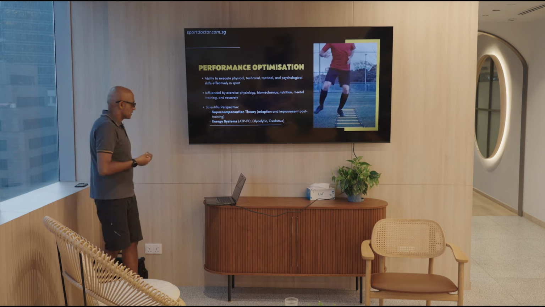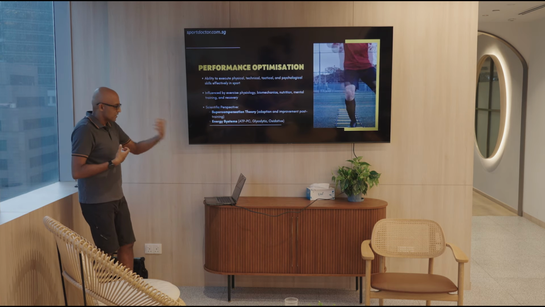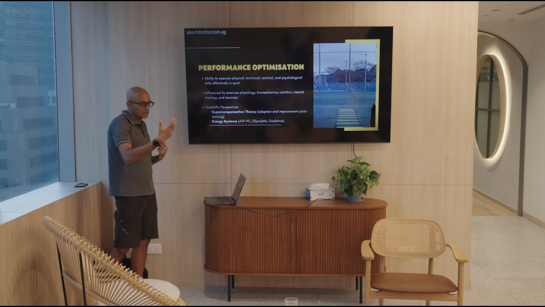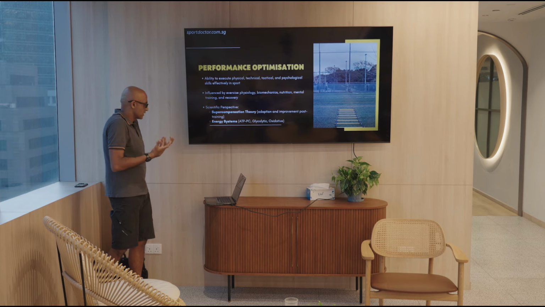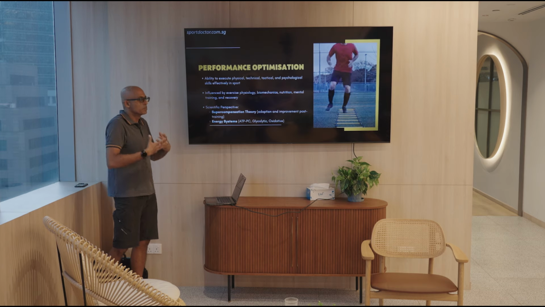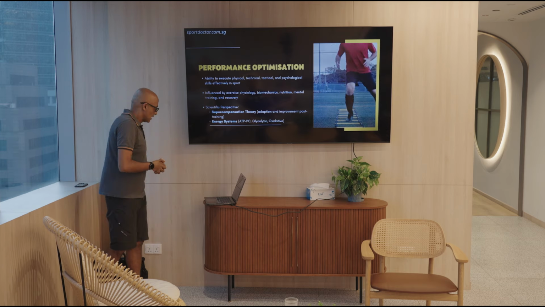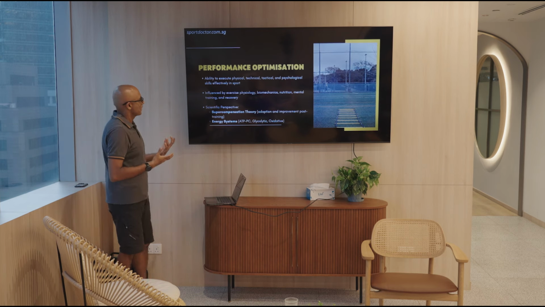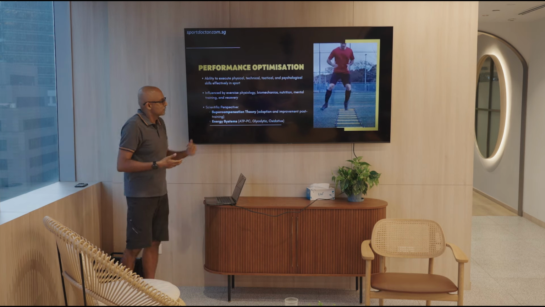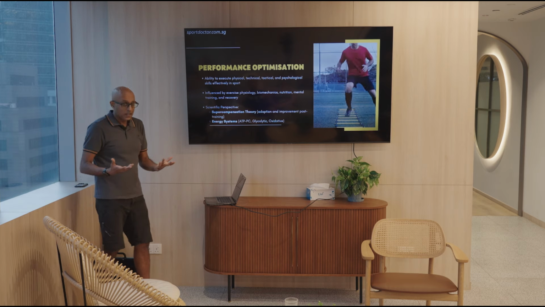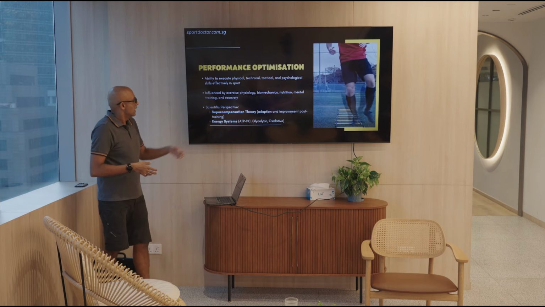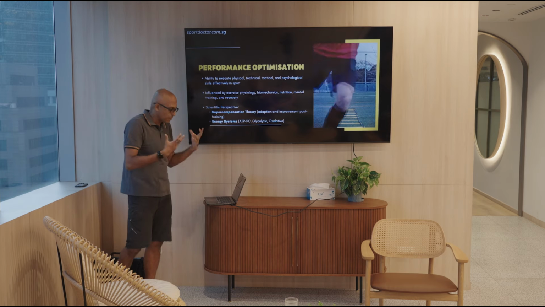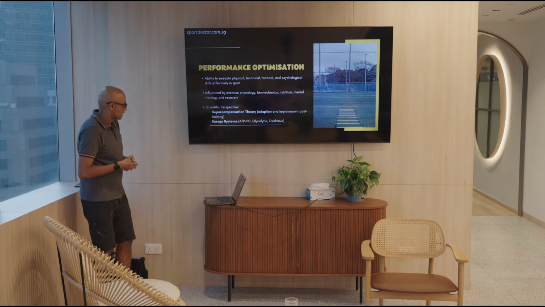Whether it's in a team sport, whether it's in an individual sport, it's really to get them to be able to perform at the optimal level. And of course, there's many different factors that come into play, whether it's their ability to exercise, biomechanics is a huge part, and then mental health and mental preparation is important as well.